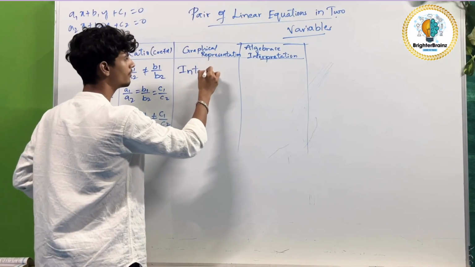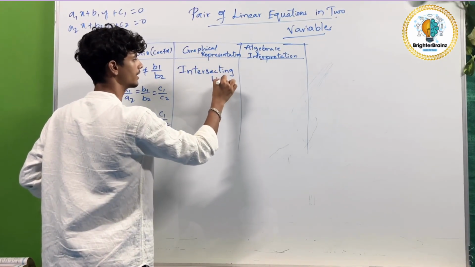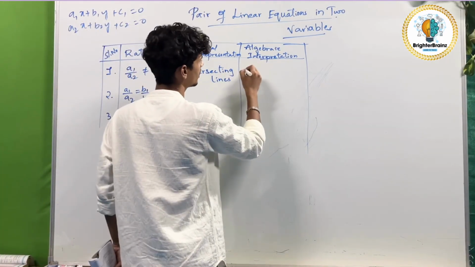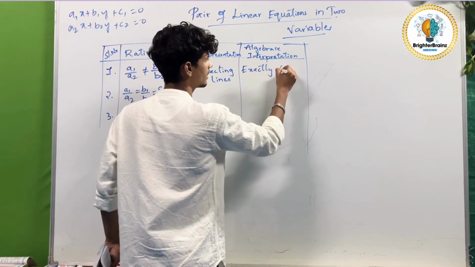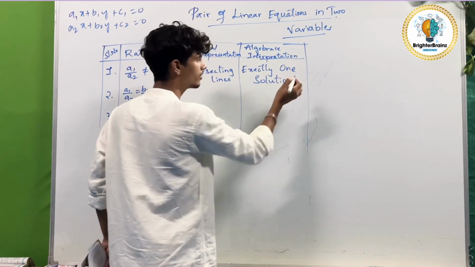So the pair of linear equations will be intersecting lines, and algebraic interpretation, the number of solutions will be exactly one solution. We are going to get only one solution for this.